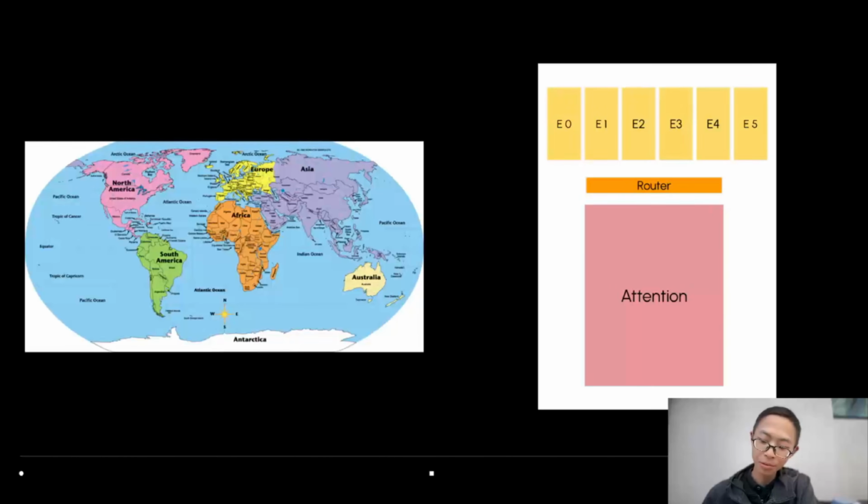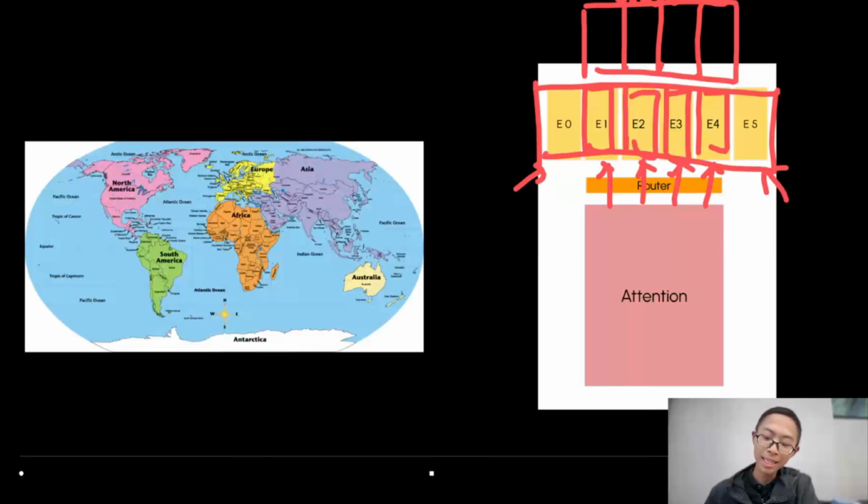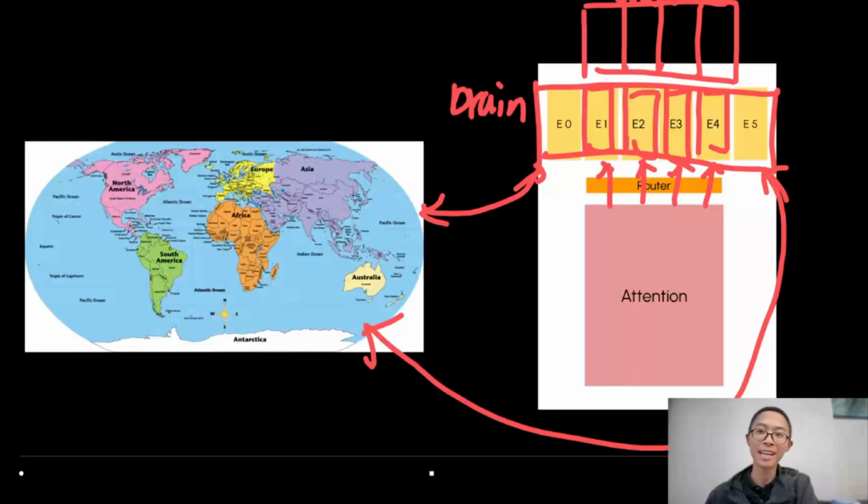In this example, the original dense model is like this, and now we use top four, so we route to these top four experts. However, we have some more experts so that our brain is bigger than the dense model. So we can store knowledge of the world inside our brain, although at compute time, we are as efficient as the smaller brain.